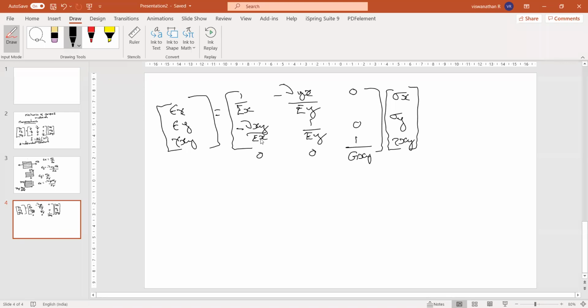They are also constants. So 1, 2, 3, 4, and 5. Five independent constants are there.